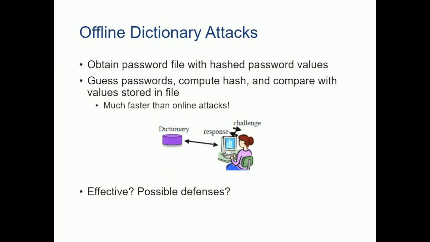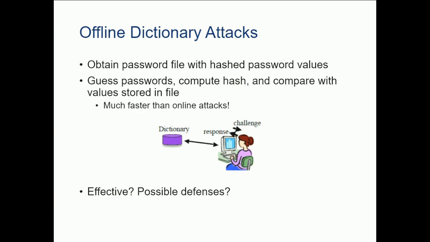The attacker will still try one password from the dictionary at a time. He calculates the hash and then compares it with all the hashes stored in the password file. If there's a match, then that particular user's password is revealed. Here's the difference: in the online dictionary attack, the attacker has one target user in mind. In the offline dictionary attack, the attacker just wants to recover as many users' passwords as possible.